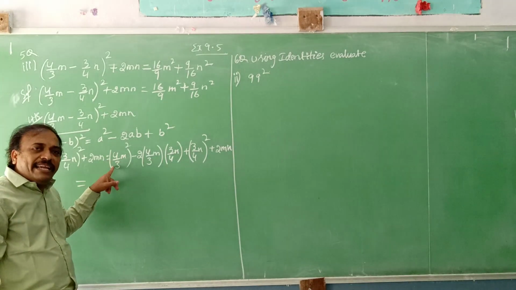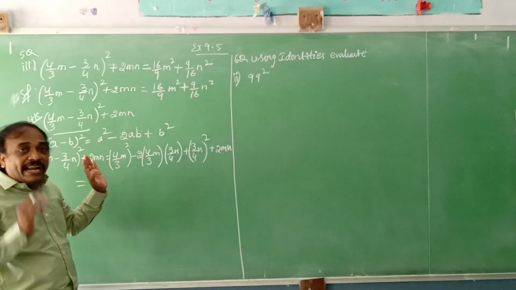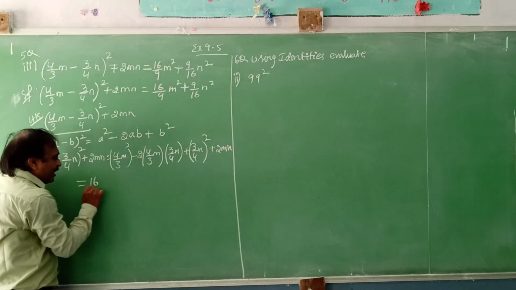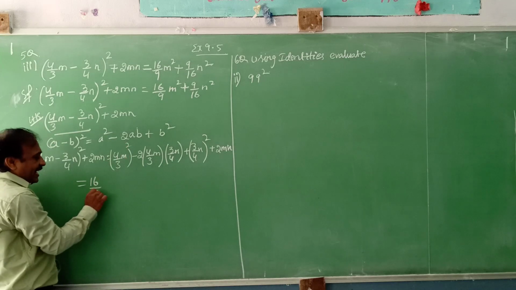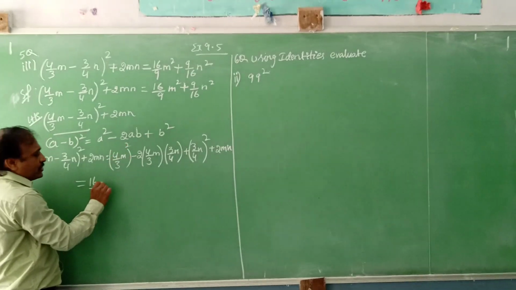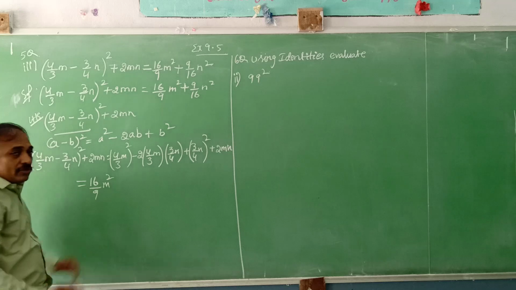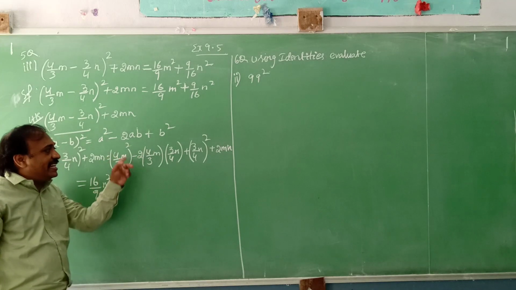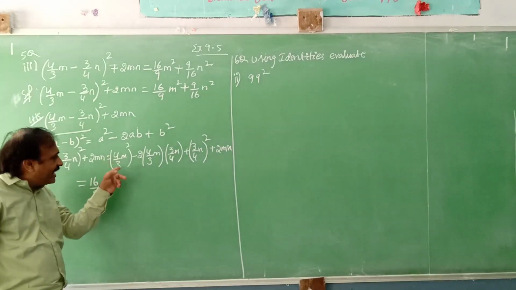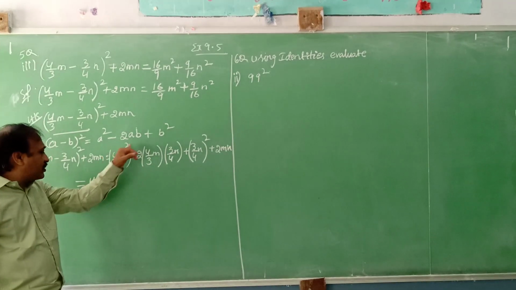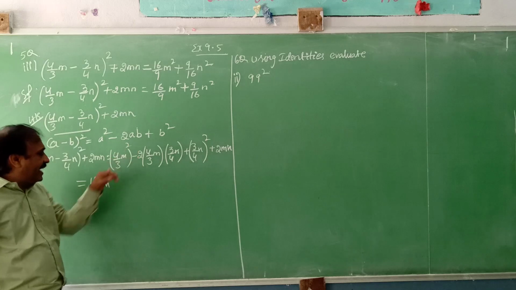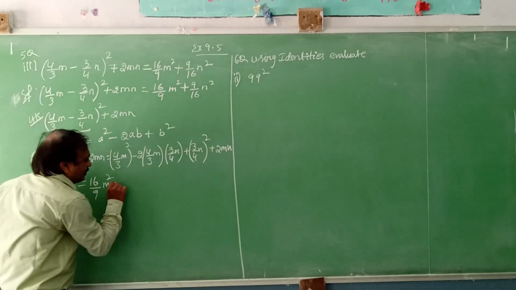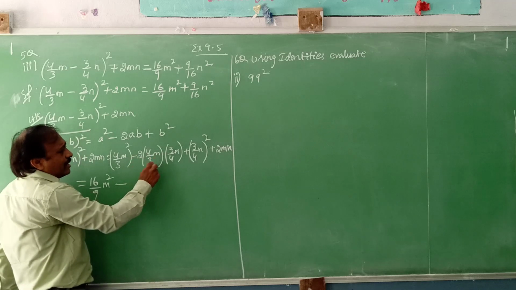So 4 by 3 into 4 by 3, and m into m. 4 square is 16, 3 square is 9 and m square is m square. You see how we are simplifying?